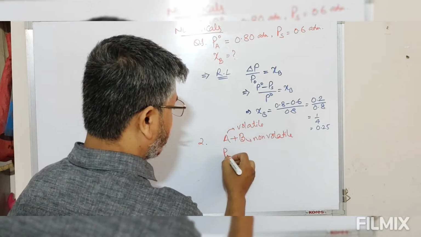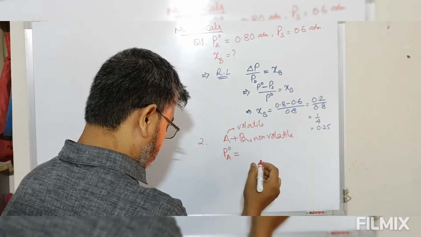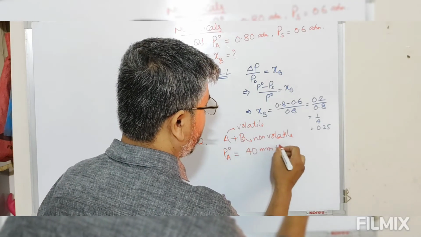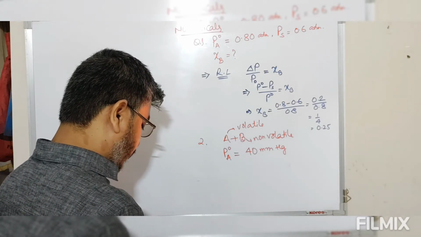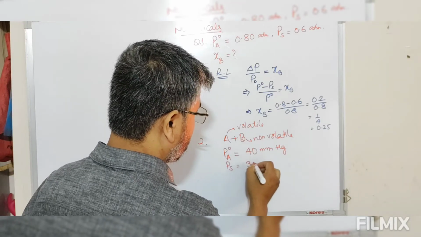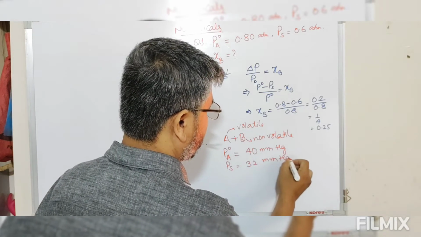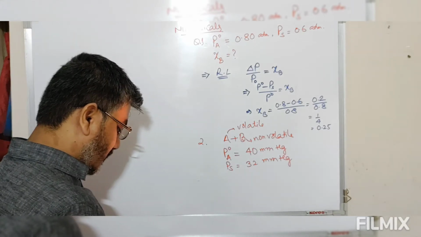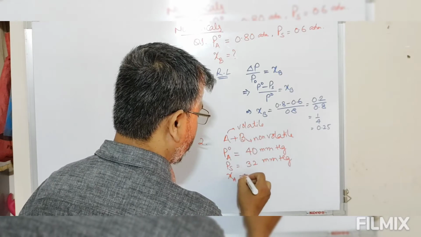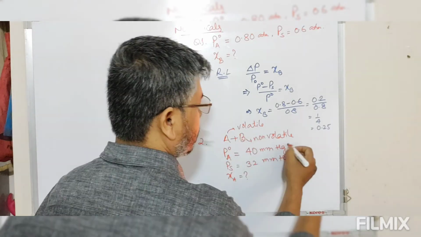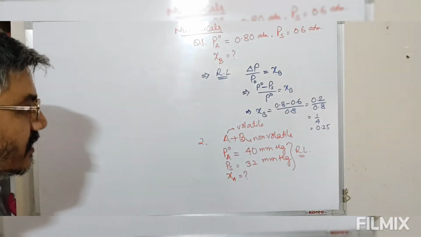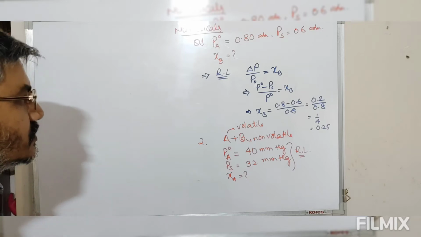Given the vapor pressure of pure A is 40 mm mercury, and the vapor pressure of the solution PS is 32 mm mercury. The question says, what is the mole fraction of A if the solution obeys Raoult's law?